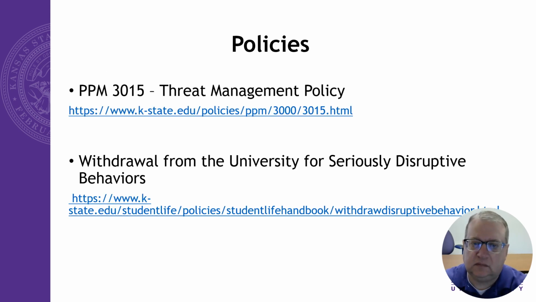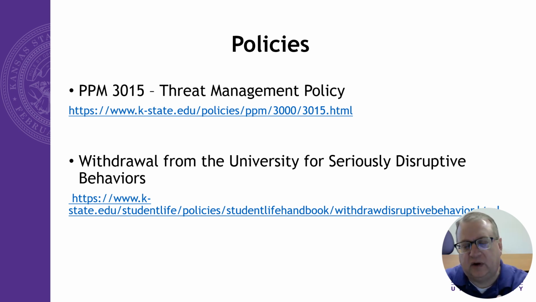When we look at threatening situations, we look at our two main policies. The first is PPM 3015, the threat management policy, and there's a link here. That looks at threatening and disruptive behaviors on campus and amongst the campus community.